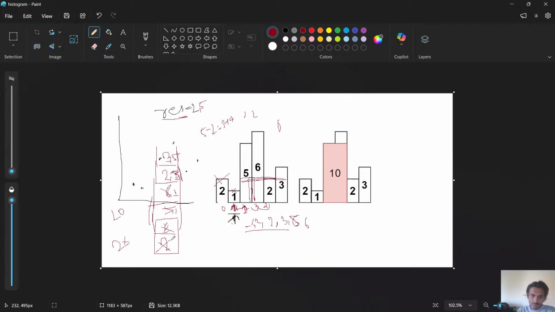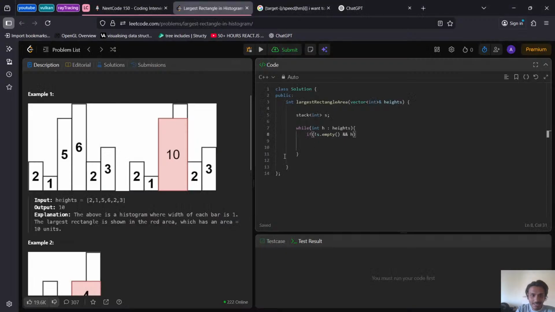What do we do? If our current height is smaller than the previous height, like if you have 2, then if you have 1, we pop 1, then if you have 5, we pop 5. So the stack, let's make it a pair of int.